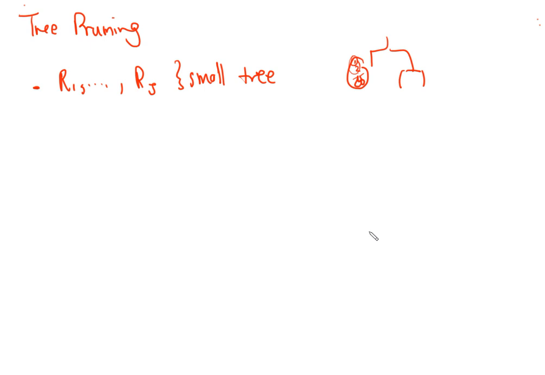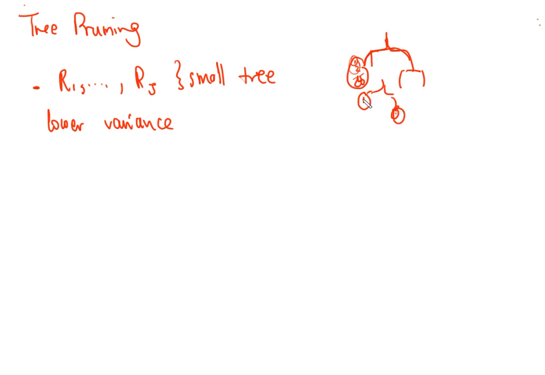So this might lead to lower variance. A small tree will lead to lower variance. Why? Because the tree is not that heavily dependent on training data. If each region had one observation, changing one observation will change the whole tree. We will get so confused because it's heavily dependent on the training data.